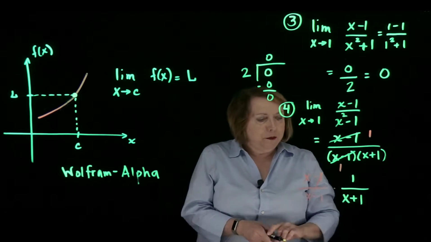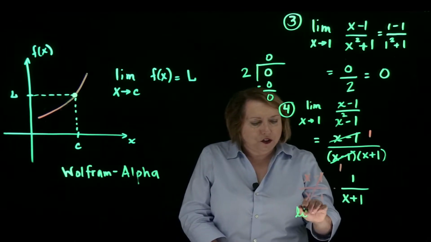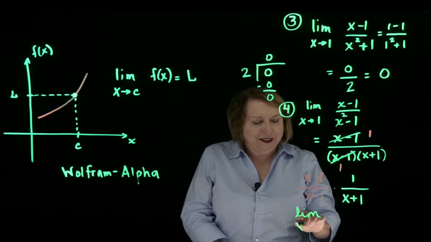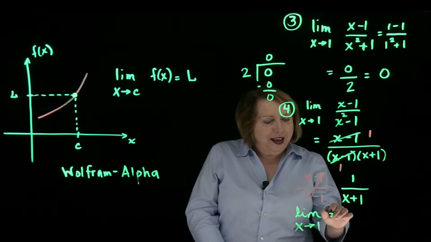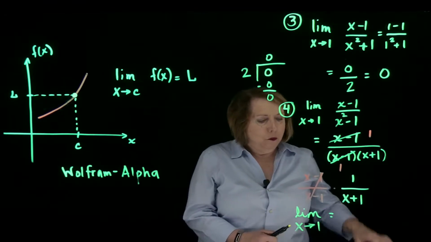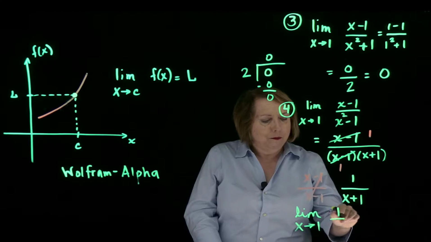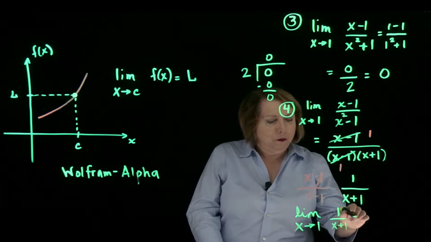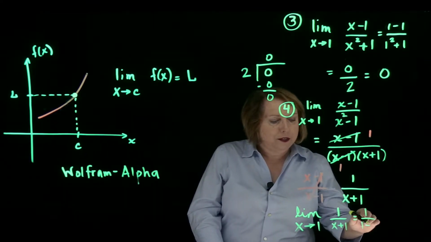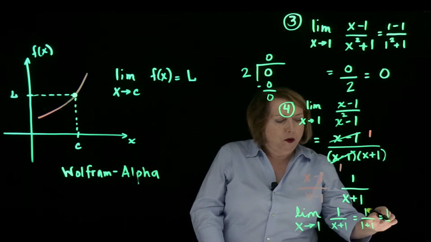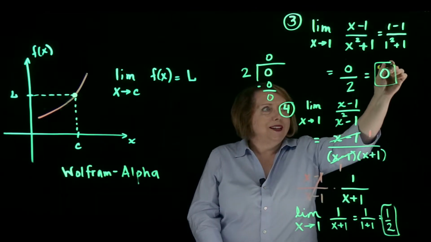So now if we compute the limit of this new function that we've just simplified from the original function and replace x with 1, we will get 1 over 1 plus 1, or 1 over 2 as our limit.